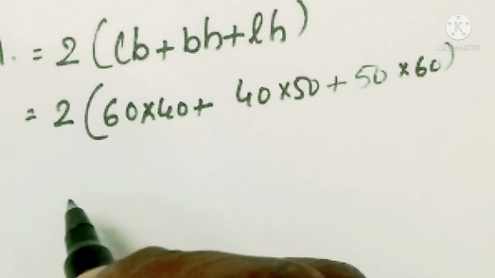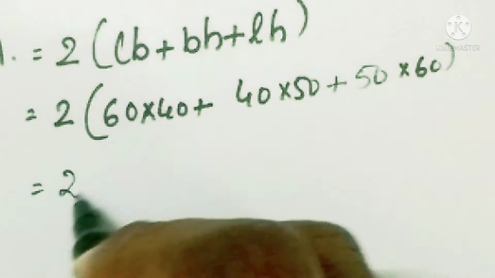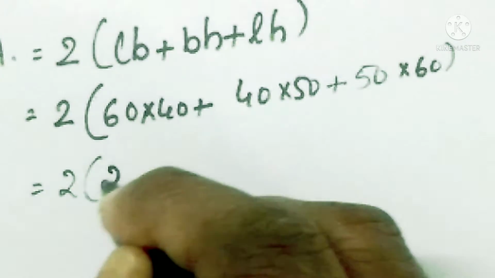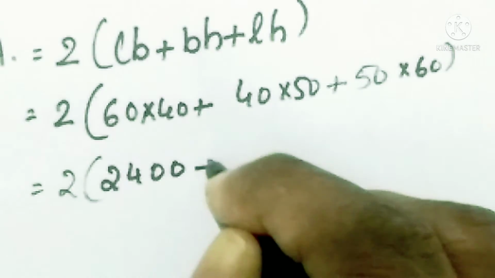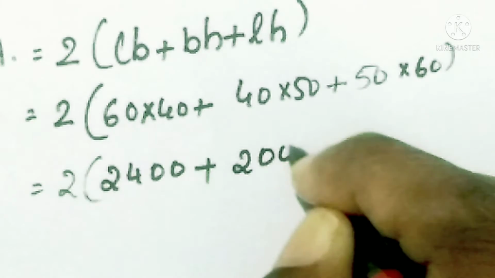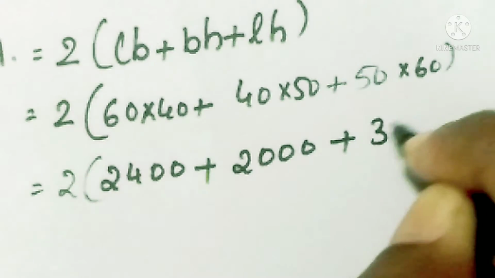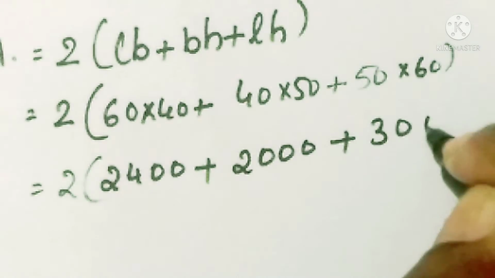Now multiply all of them. 2 into (2400 plus 2000 plus 3000).